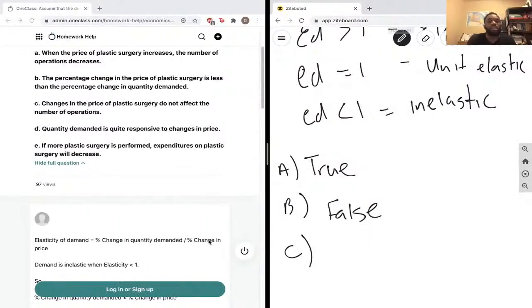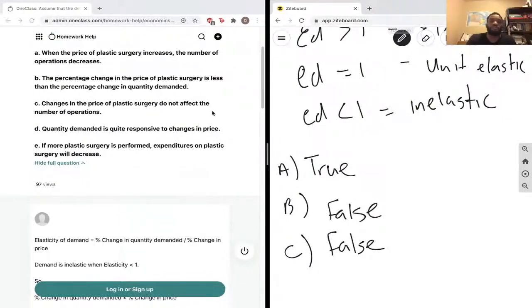Part C, a change in price of plastic surgery does not affect the number of operations. And again, this is false. That would be the case if it were unit elastic, meaning a 1% increase in price would be a 1% increase in consumption or quantity demanded.